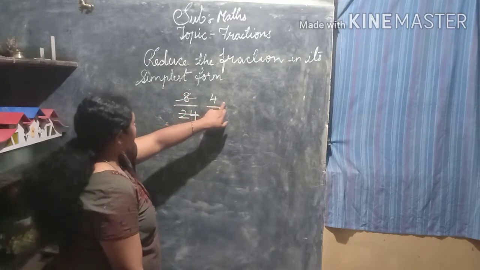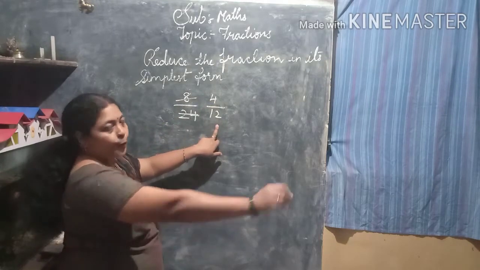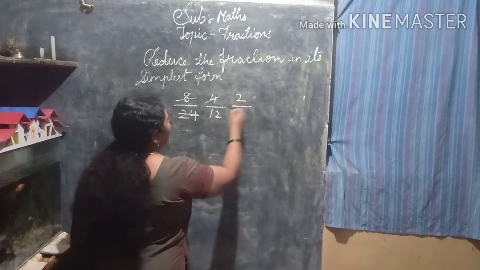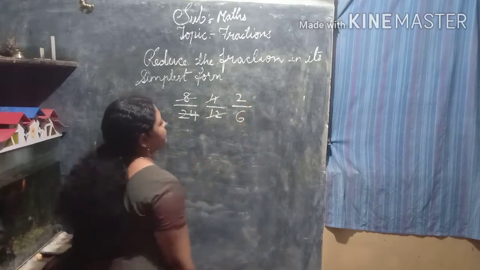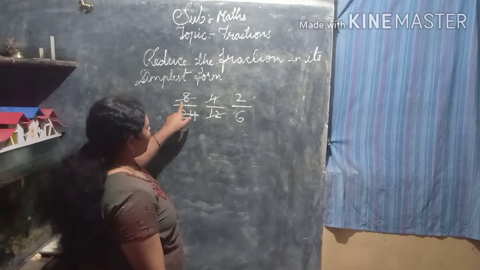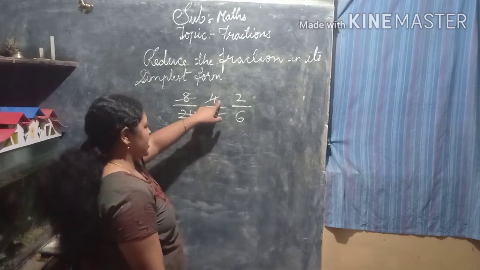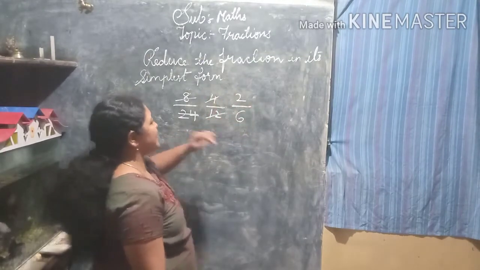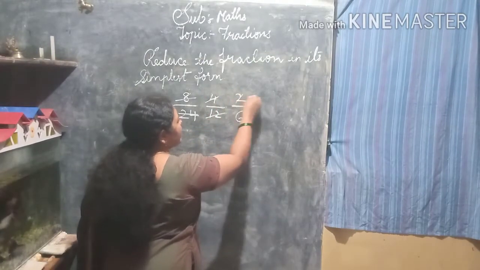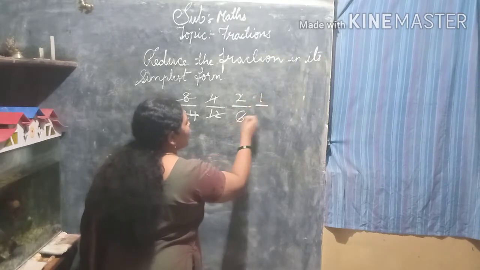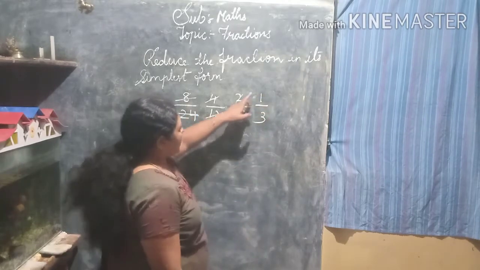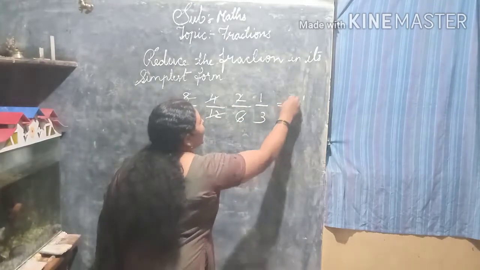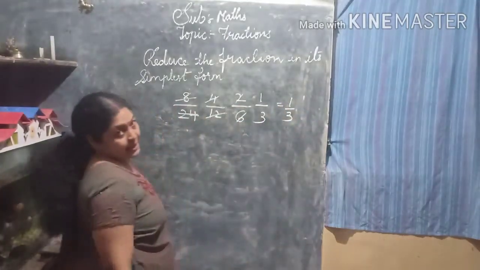So 8 by 24 is brought into 4 by 12. Now the same 4 by 12 again goes in the 2 times table. 2 2s are 4, 2 6s are 12. So let us reduce it to the simplest form. Again it will be divided further. 2 1s are 2, 2 3s are 6. Is there any table that goes into 1 and 3? No. So 1 by 3 is the final answer.